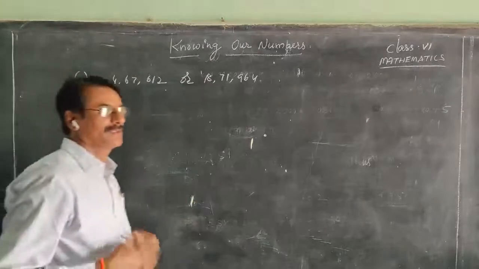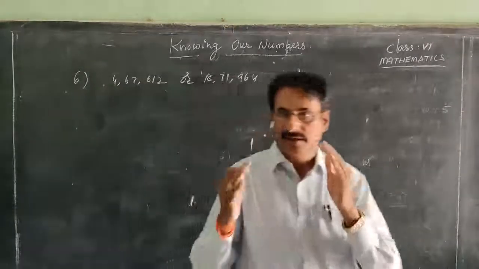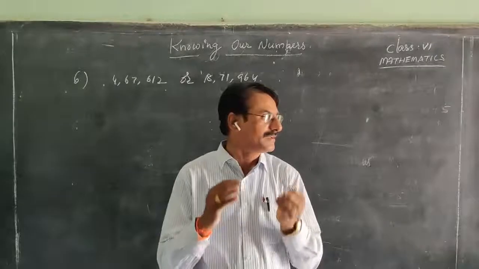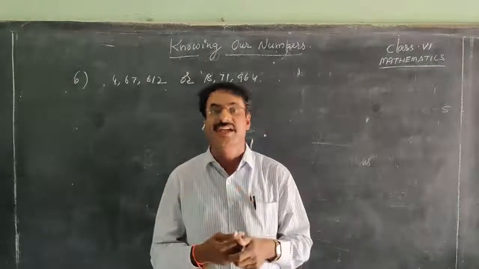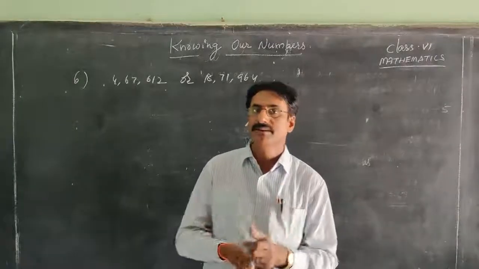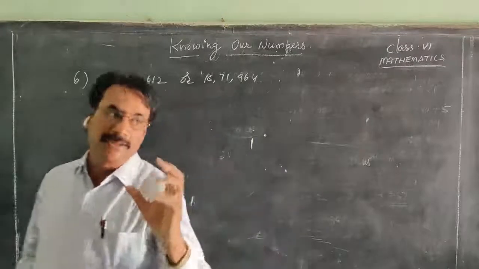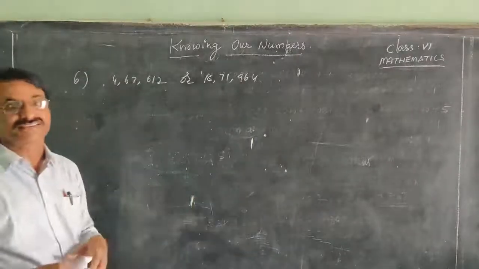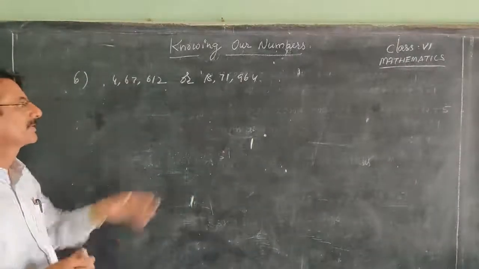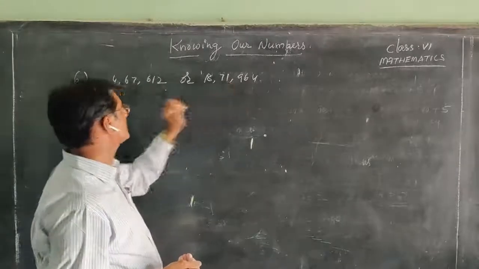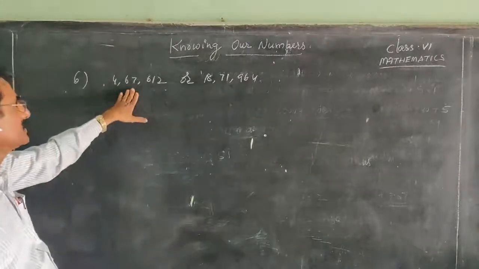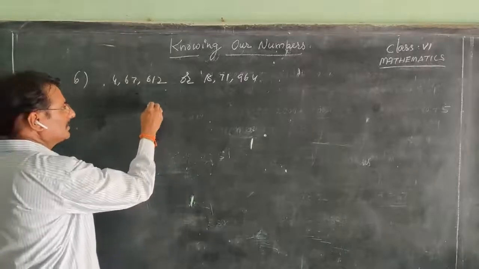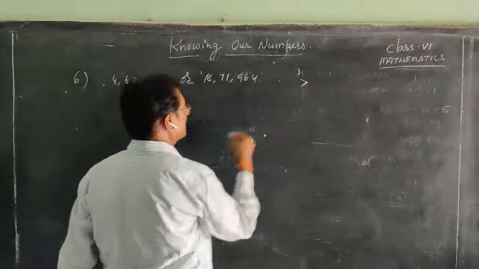So, if the number of digits is greater, that is the greater number. It is a 7 digit number, it is a 6 digit number. So how to use this symbol between them?